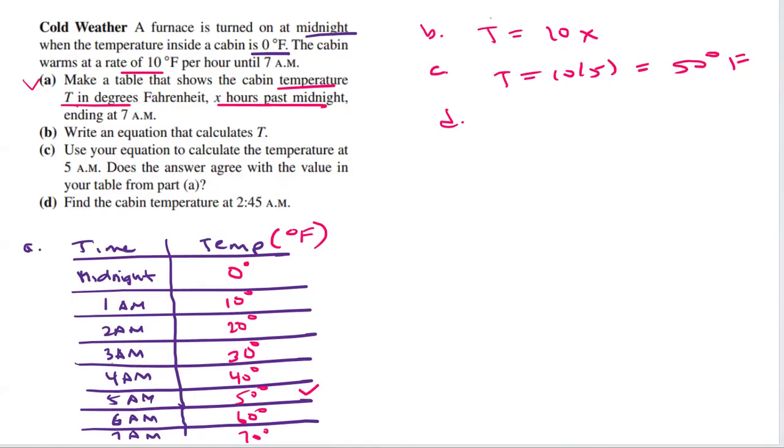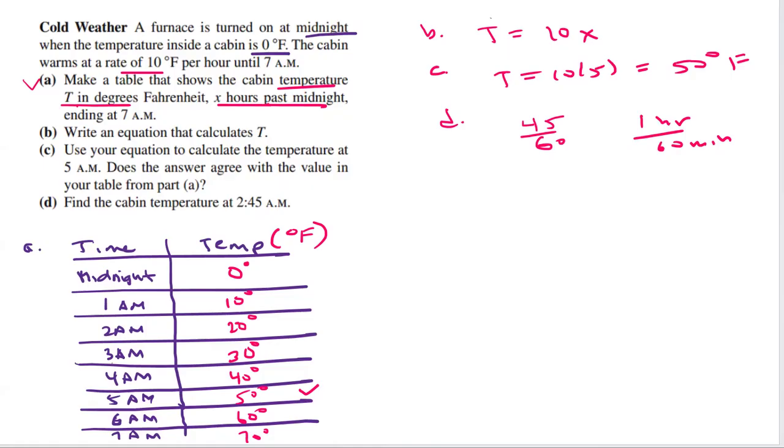And the last part here is D, find the cabin temperature at 2:45 a.m. So basically we need to do part of that time. So we're going to have to take 45 and divide it by 60, because there's 60 minutes in an hour, right? So 1 hour is 60 minutes.